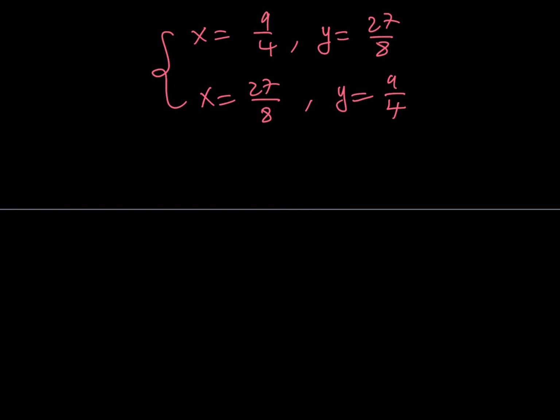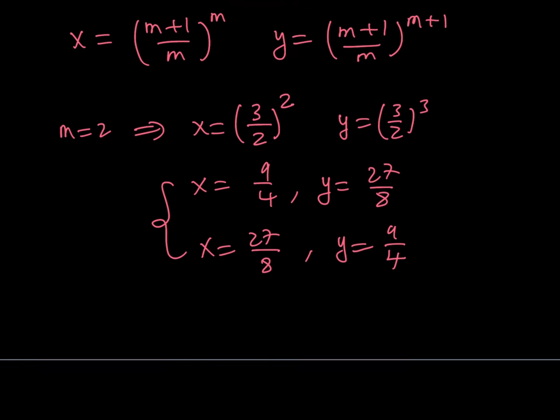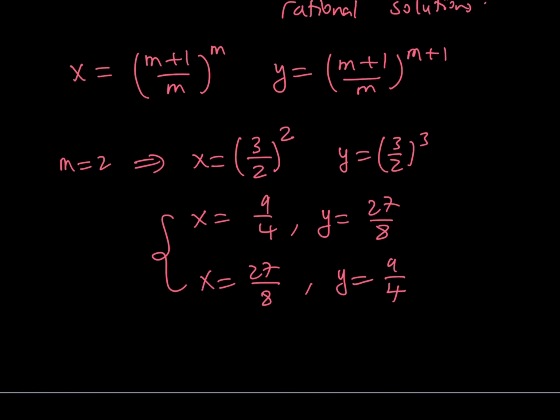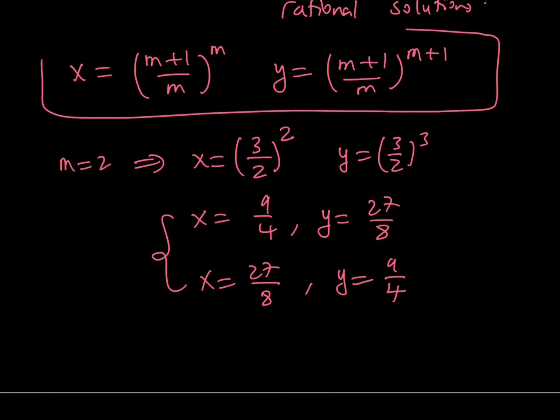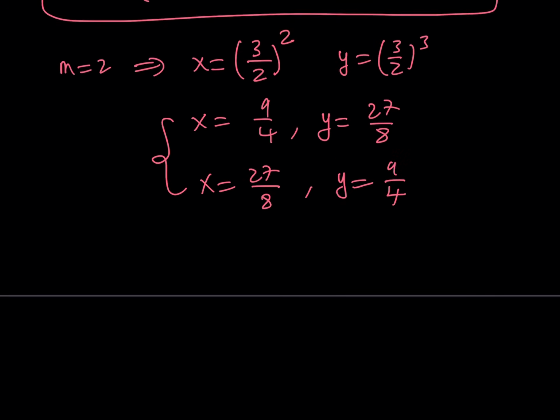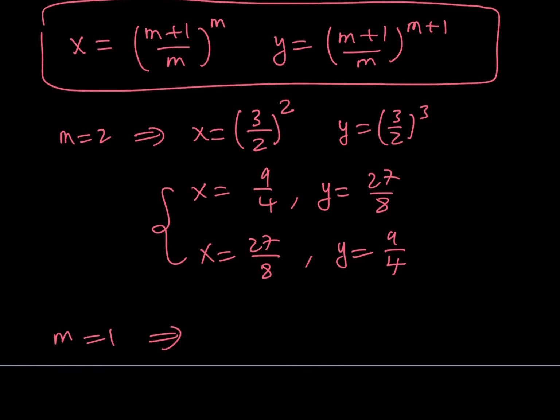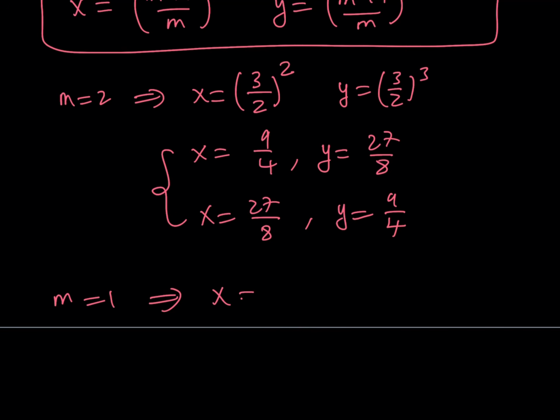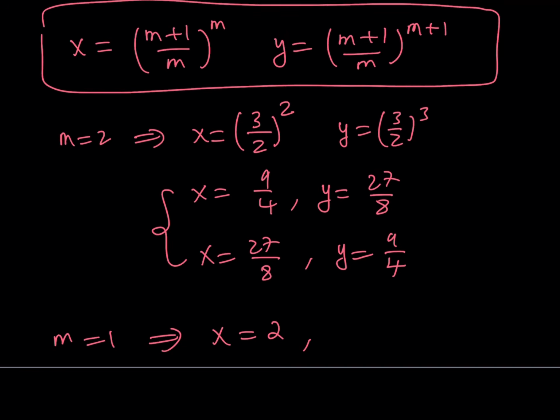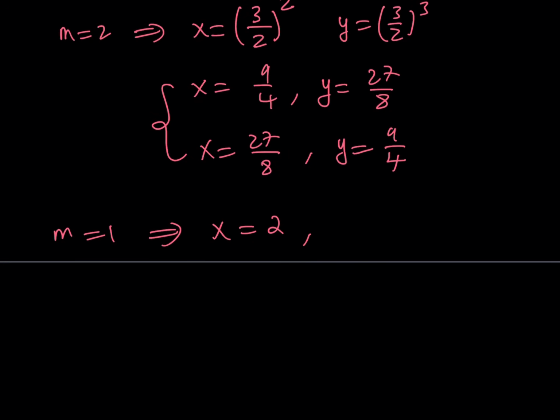Now, on a final note, let's talk about integer solutions. Are there any integer solutions? Yes, there are. Obviously, integers are rational numbers, and if you use this parameter and replace m with 1, then from here you get 2 over 1 to the power 1, which is 2, so x becomes 2, and y equals 2 over 1 to the power 2, which is 2 squared, which is 4.